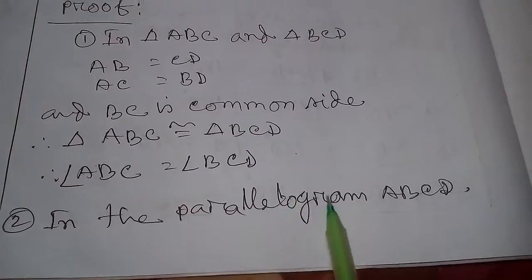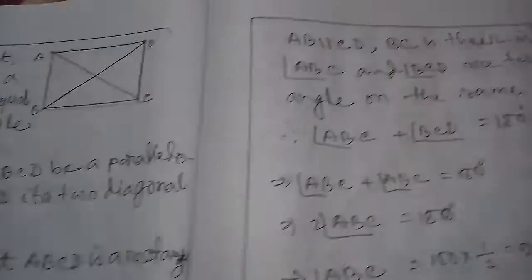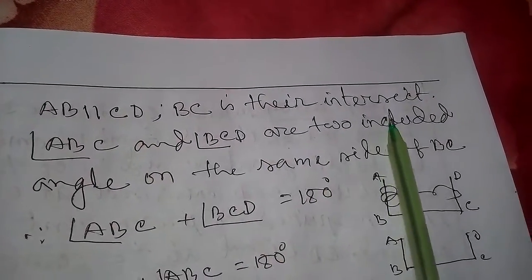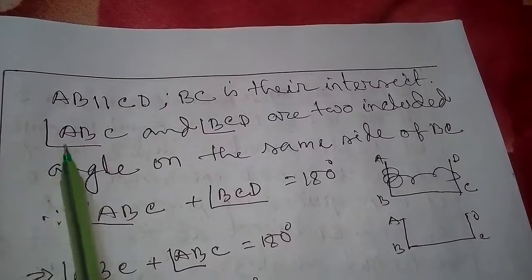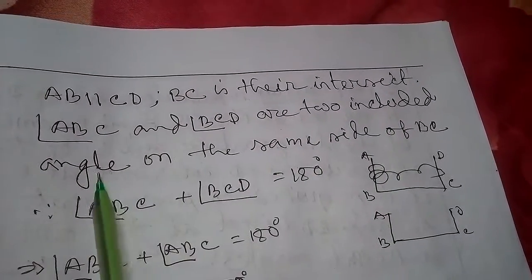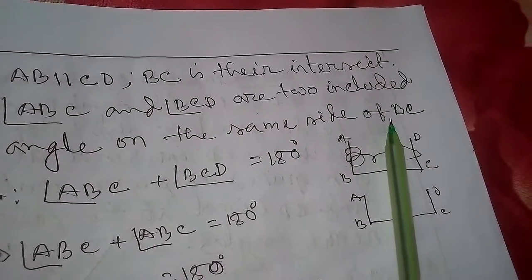In the parallelogram ABCD, AB is parallel to CD and BC is their transversal. Angle ABC and angle BCD are two adjacent angles on the same side of BC.